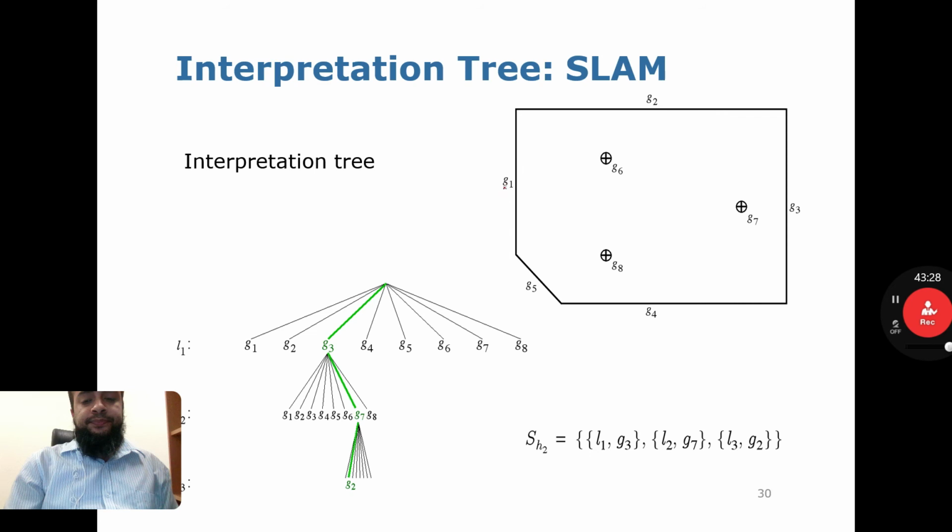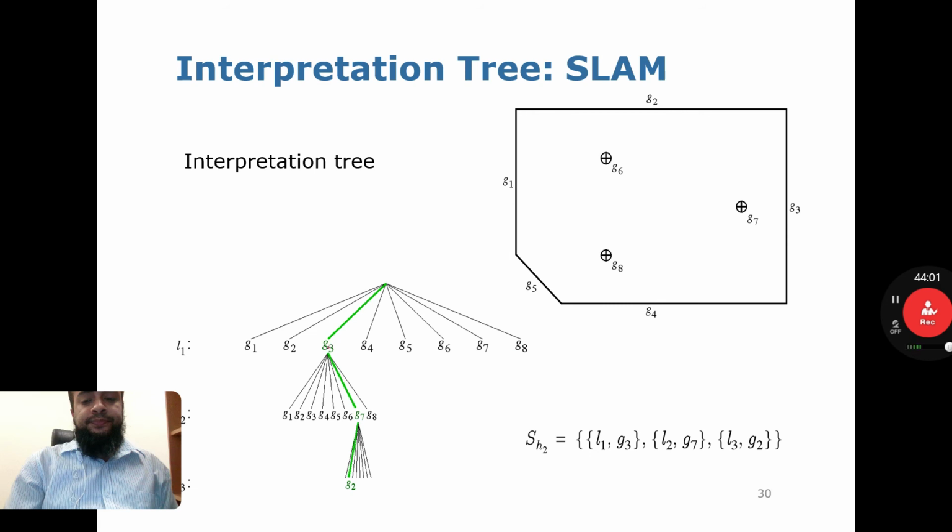A few measurements are outside the validation gate and a few measurements are inside the validation gate, and L is the track. Suppose in track 1 there are 8 measurements. First we have to calculate the cost function, and suppose the minimum cost function of the measurements is g3.